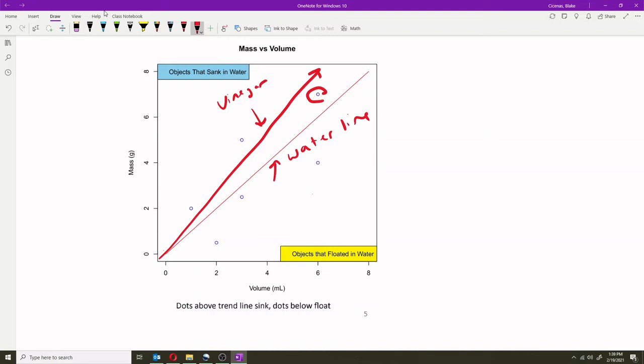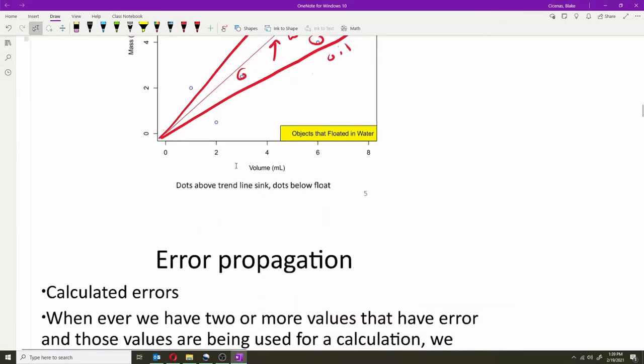And so if I made one, let's say, for oil, it might look like that, because oil is less dense than water, and these two guys would sink in oil but float in water. And so if you have all these trend lines for all these different liquids, you can kind of see based off of where the point is what that object's going to do in all of those fluids. So it's kind of good if you have multi-stage fluids all stacked on together.